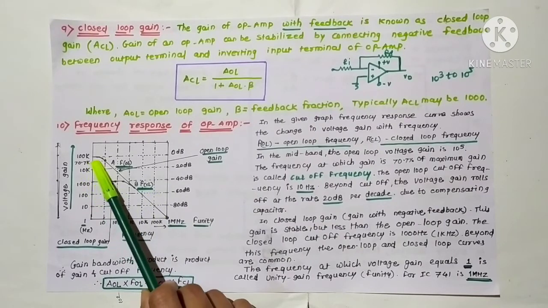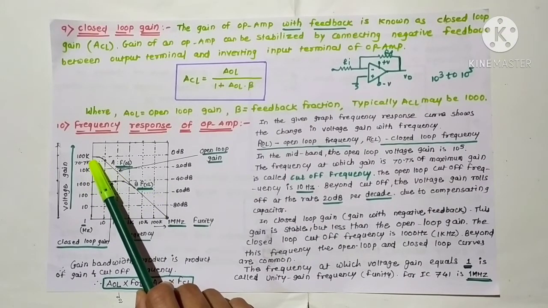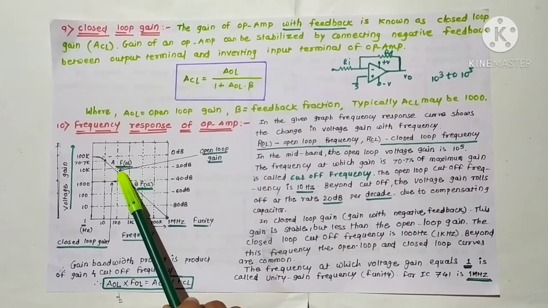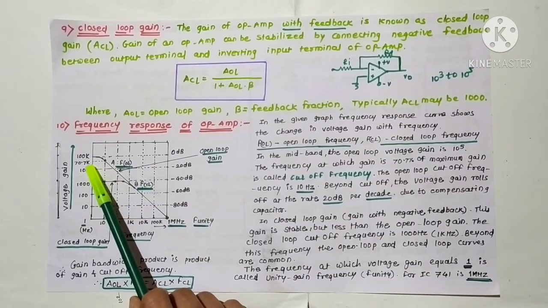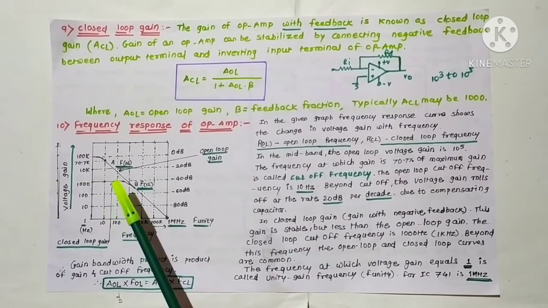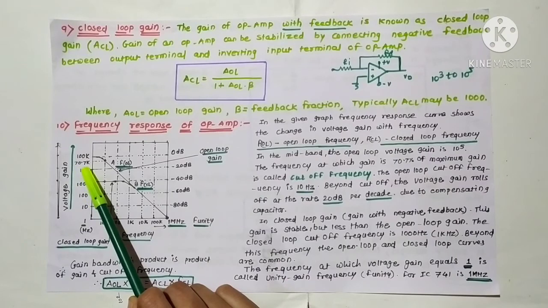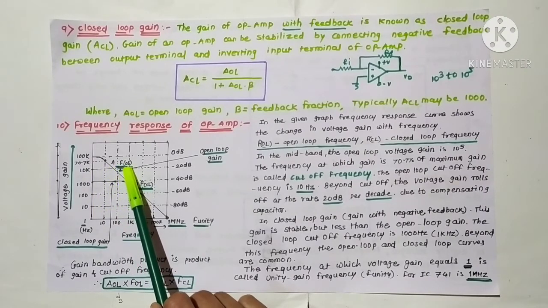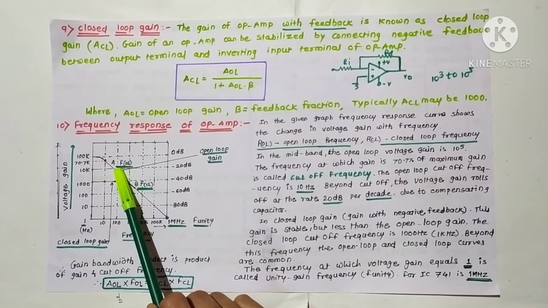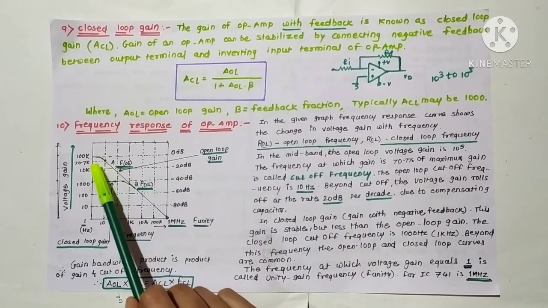If you observe this graph carefully, in the mid band of open loop, the voltage gain is about 10 raised to 5. Okay, here is 10K, means it increases to 10 raised to 5. The frequency at which the gain is 70.7% of the maximum gain is called the cutoff frequency. Means the frequency FOL is called the cutoff frequency.